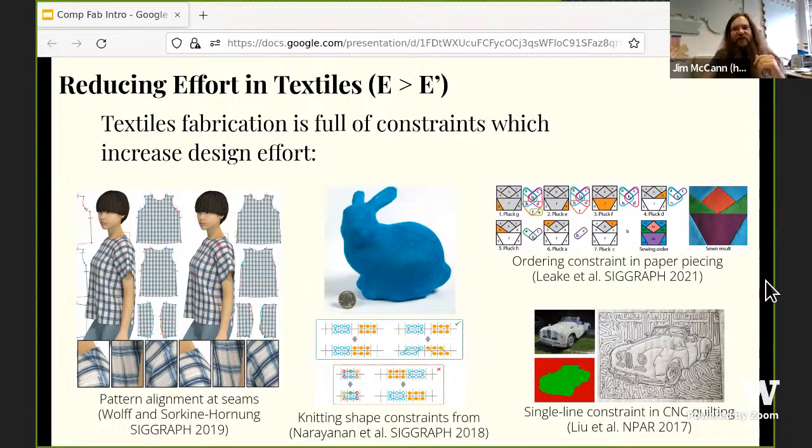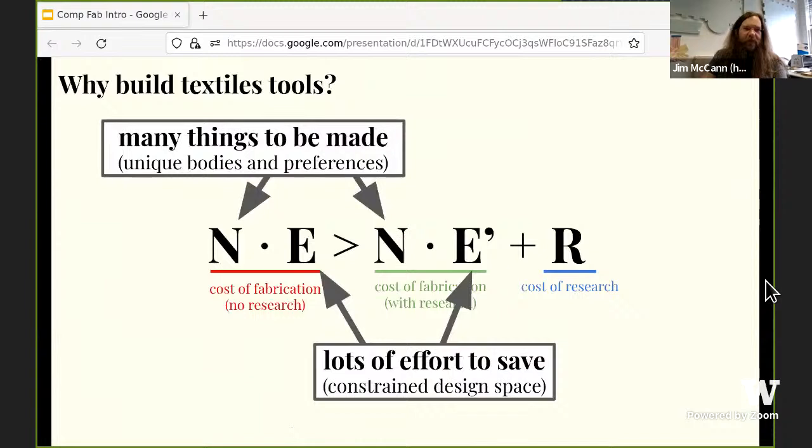So these are just some examples of the interesting design constraints that systems can help with, and therefore make that change in effort quite large. So in summary, why build textiles tools? Well, because there are many things to be made, because we have unique bodies and preferences, and there's lots of effort to save, because we have a constrained design space.